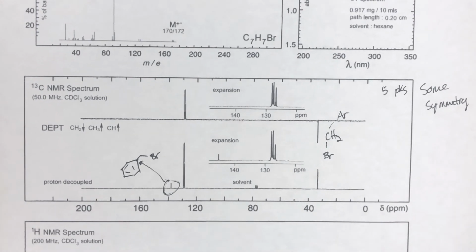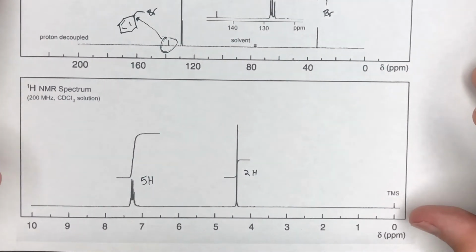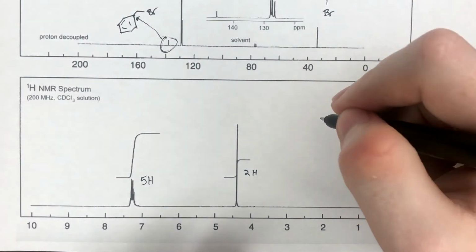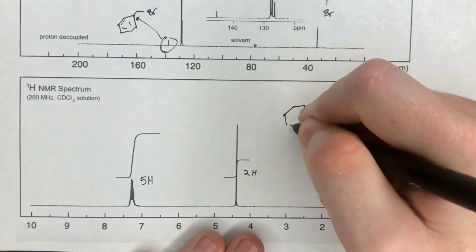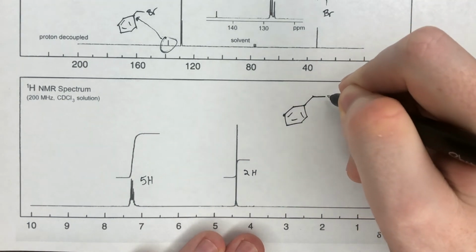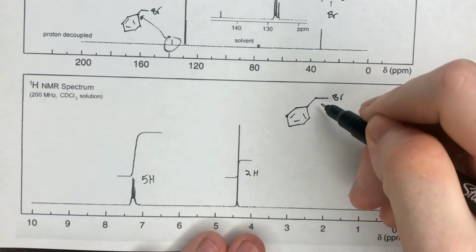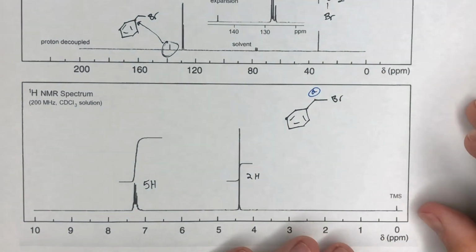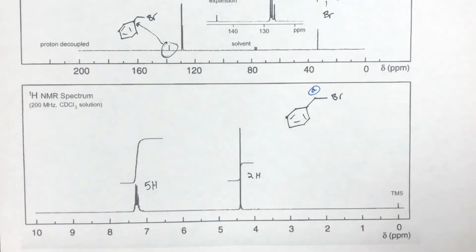So let's look at the proton NMR to see if this is confirmed. Again, we have a 2 hydrogen peak at around 4.5. That makes perfect sense for what we're proposing. This one would be at 4.5 here. Let me label it in a different color. This would be the 4.5 peak because it's bound to the bromine, which would shift it around 3.5 to 4. And then the benzene also has some additive electron withdrawing nature that shifts it downfield. So 4.5 makes perfect sense for that.